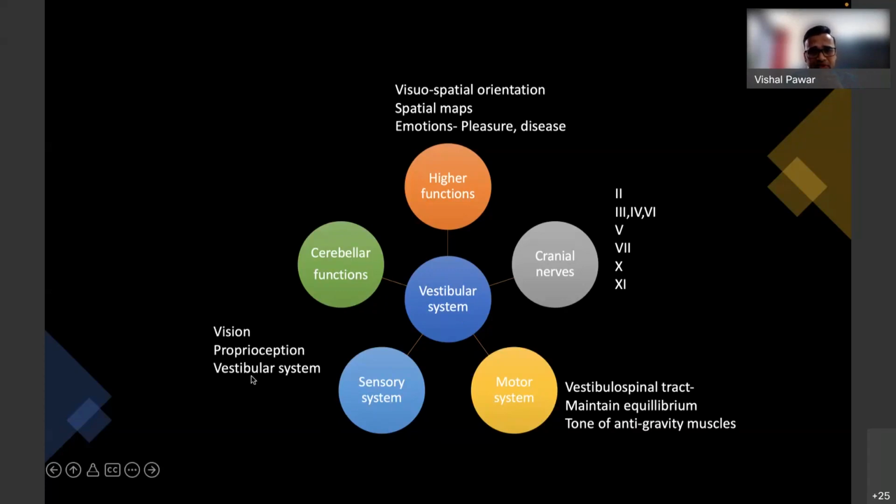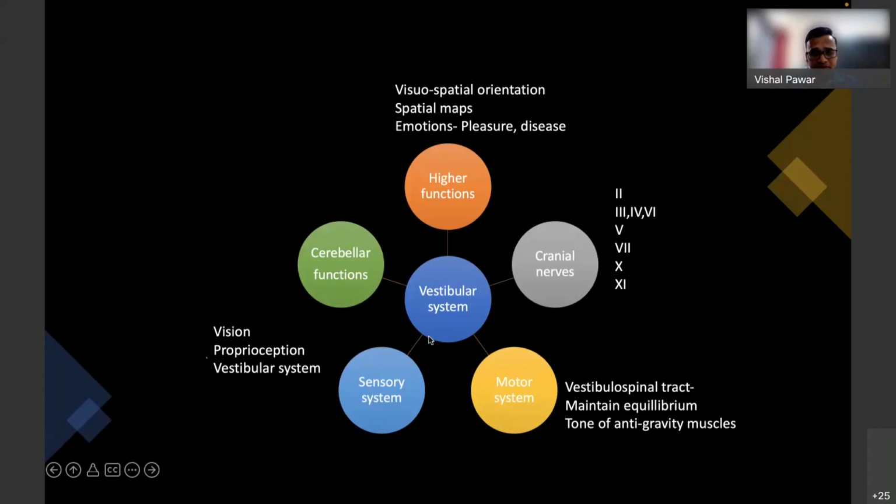Then come the other sensory modalities: vision, proprioception, and the vestibular system. These three systems are hierarchical. Whenever we are standing, we need visual input for our balance, to be aware of the external things. Even if we close the eyes, we can still maintain our balance because of proprioceptive inputs coming from all the joint receptors.